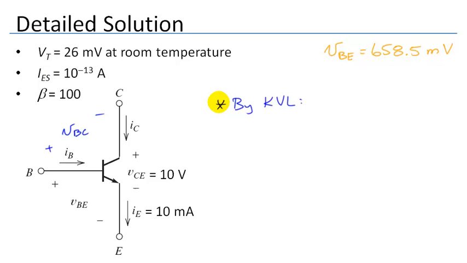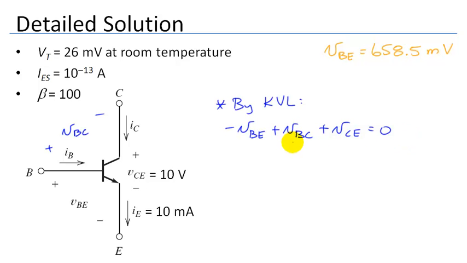We can apply Kirchhoff's voltage law now to find VBC, or the base to collector voltage. Starting at the emitter terminal, I'll work my way around clockwise. We have minus VBE plus VBC plus VCE. We're back at our starting point.